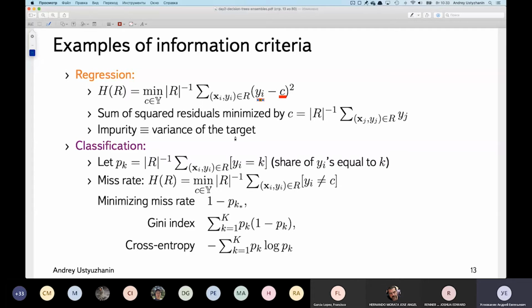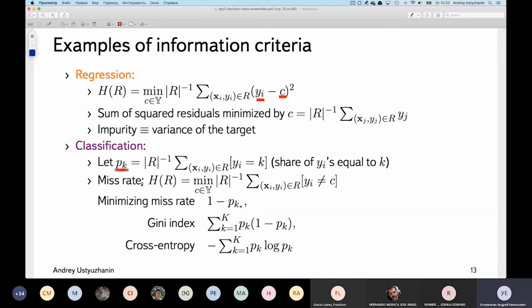And for classification, it is similar to accuracy. It is the share of predictions of equal class. Sorry, so we choose this number pk.